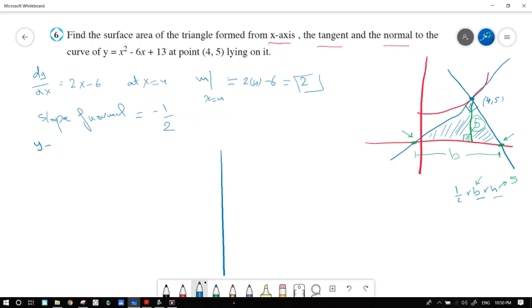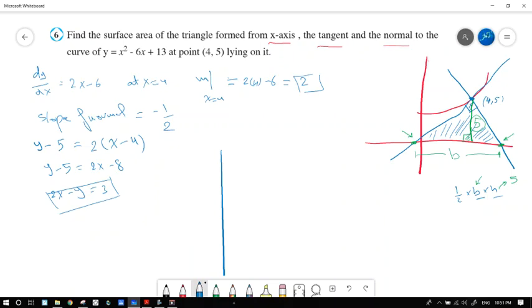So I will substitute 4 for x1 and 5 for y1. So y minus 5 equals the slope 2 times x minus 4. The equation will be y minus 5 equals 2x minus 8. The equation in the final form will be 2x minus y equals 3. And this is the equation of the tangent.